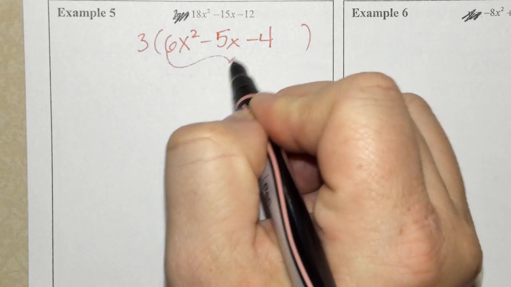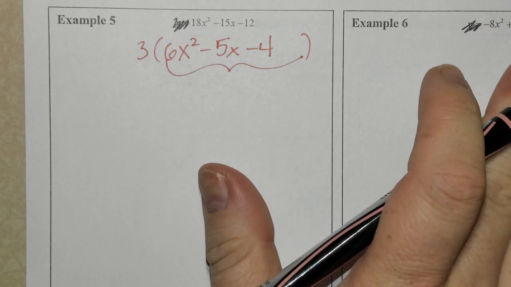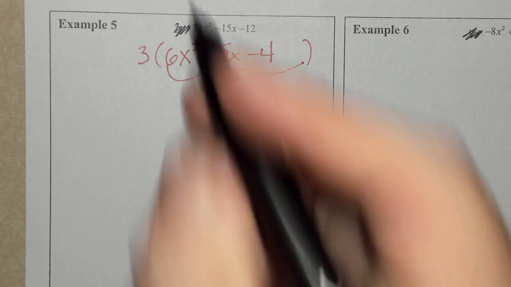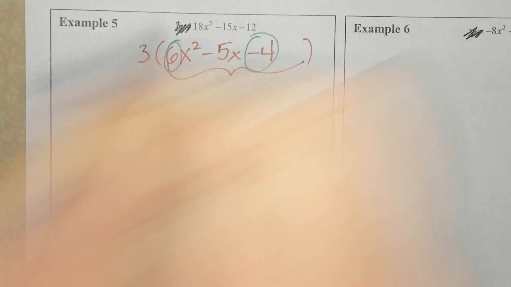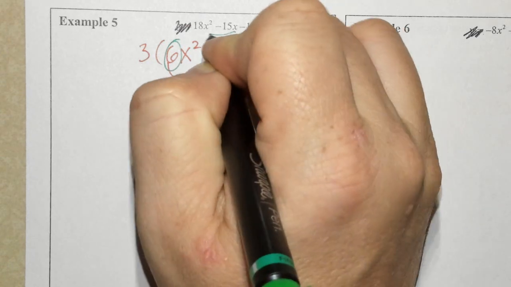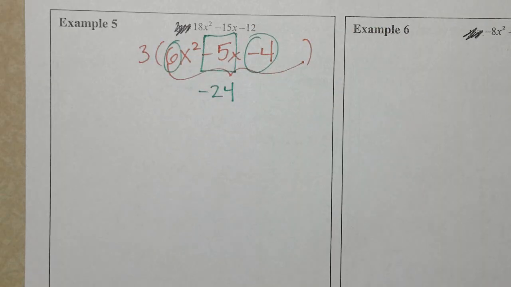Okay, now within this portion, that's all I'm concerned with. The 3, don't even worry about it until the very end. So within this portion, I'm going to circle the 6 and the negative 4. A combination that multiplies to equal negative 24 and combines to equal negative 5.